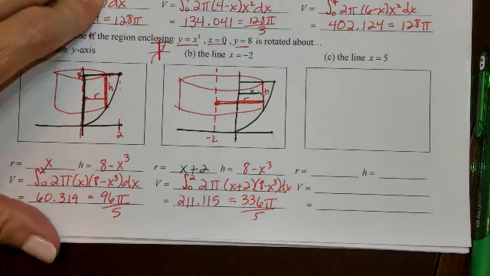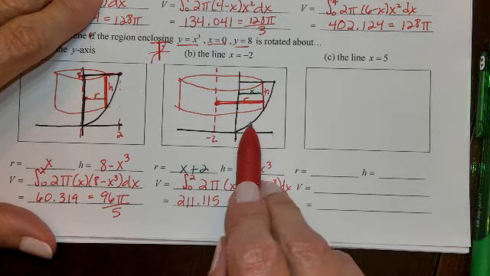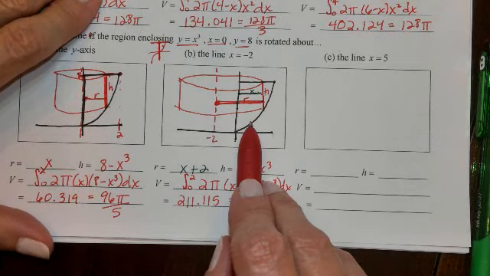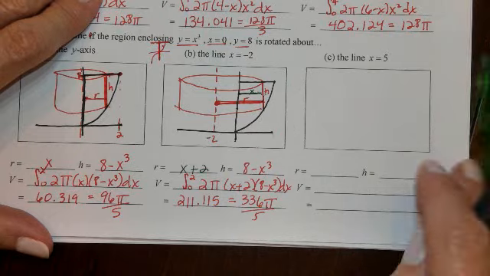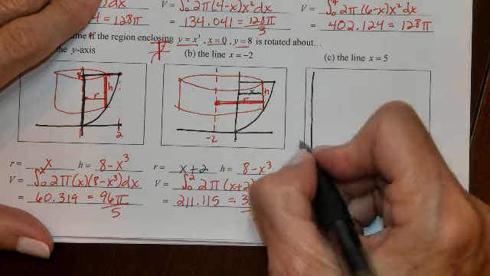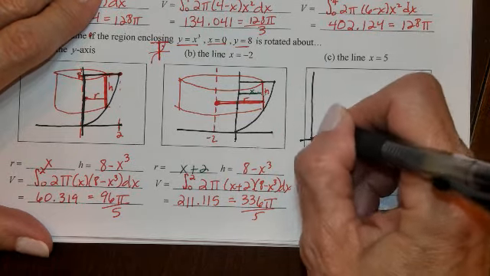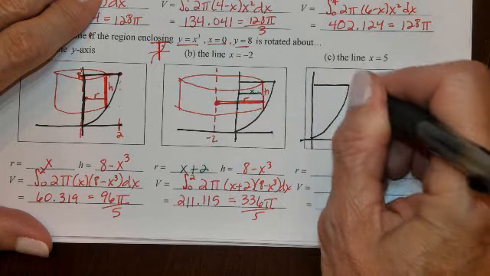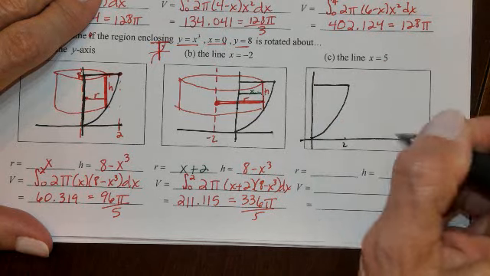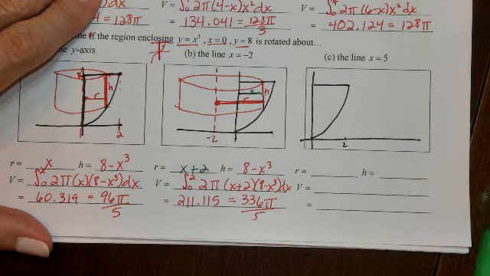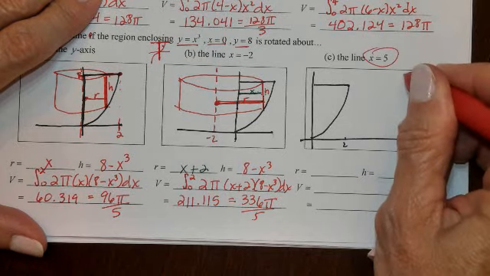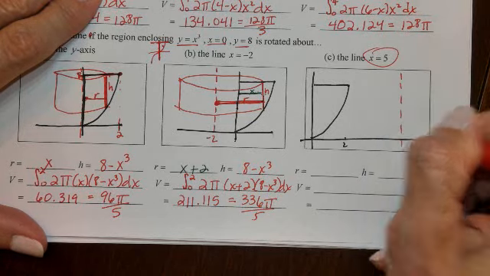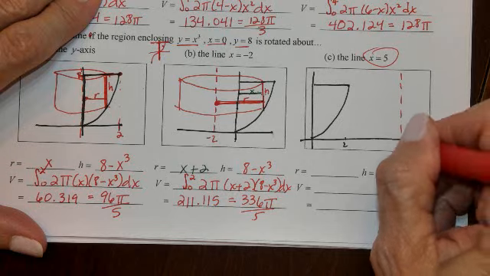We are doing great. Now let's take the same region and revolve it around x equals 5. So that's way out here. So I'm going to draw it way here. So here's my region. That's 2, right? So x equals 5, way out here. Okay, 5.